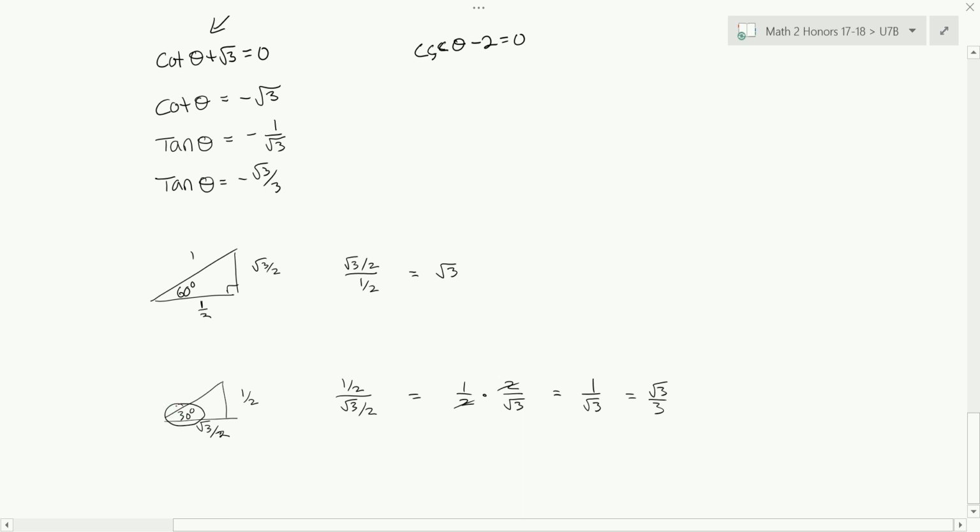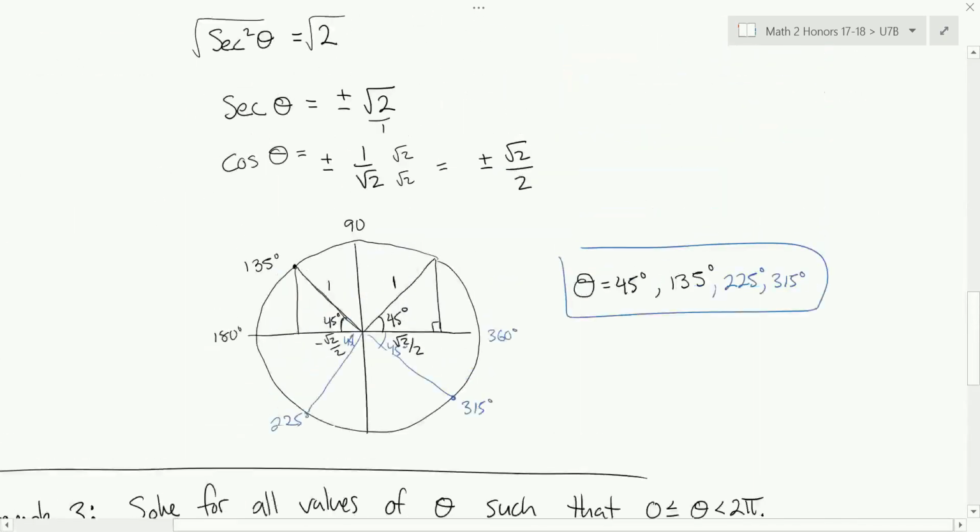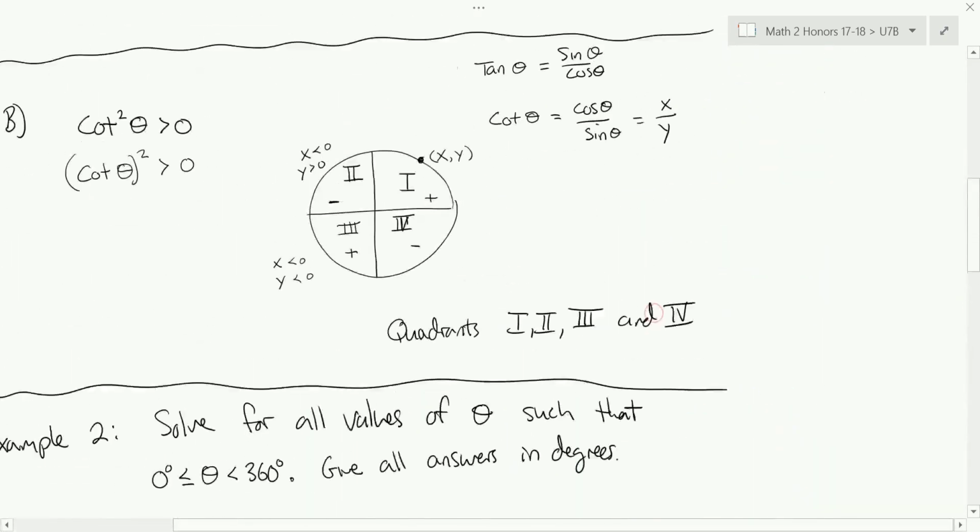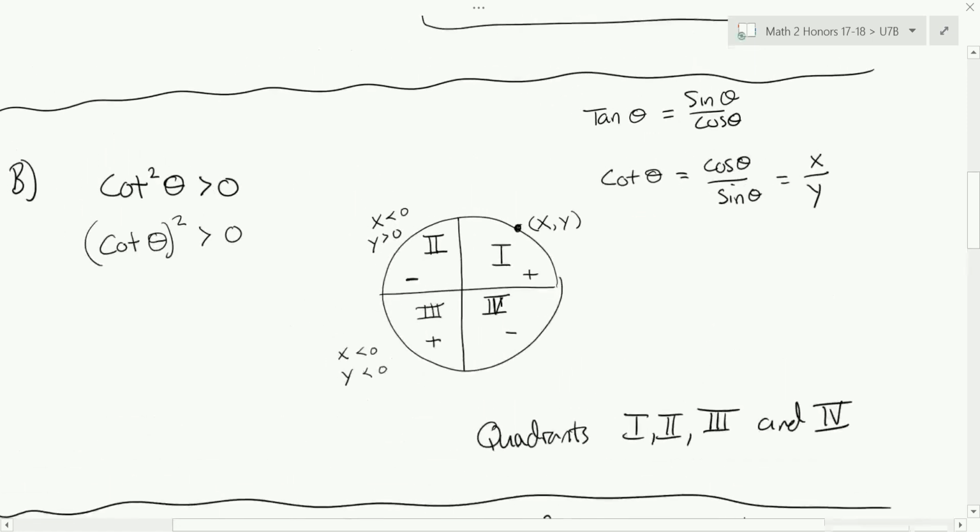Okay. Now, because the tangent is negative, what quadrants are we talking about here? Remember, if we go back a couple problems here, we were talking about cotangent, which was x over y, but tangent's the same thing. And we saw that the cotangent was negative in quadrants 2 and 4.